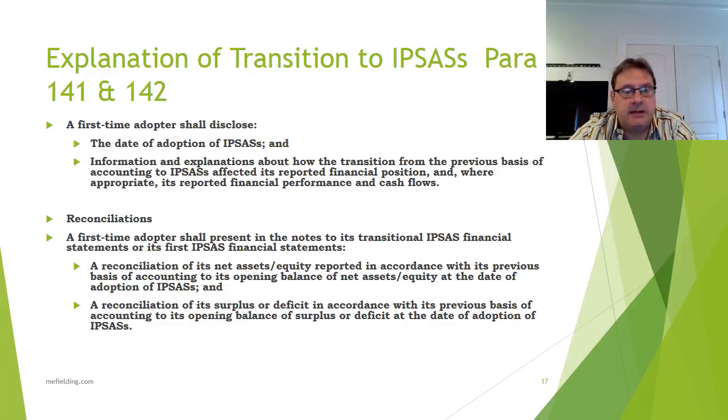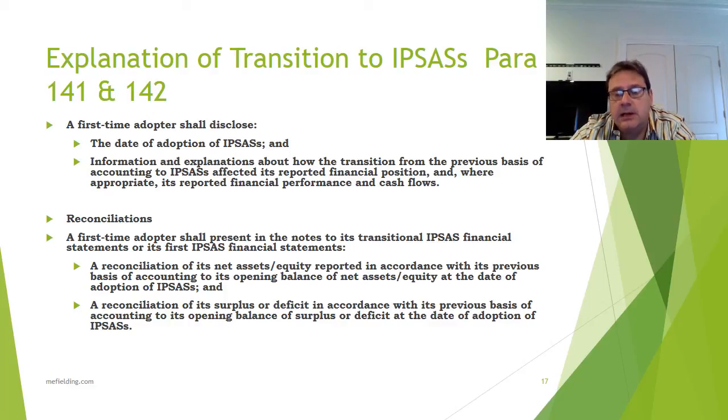So the information and explanation about how the transition from the previous basis of accounting to IPSAS has affected its reported financial position and, where appropriate, give some examples and some more information. And then you have to give actual reconciliations. So reconciliations of net assets, equity, etc., under the old basis to the new basis, and a reconciliation of the surplus or deficit under the previous basis and the new basis.